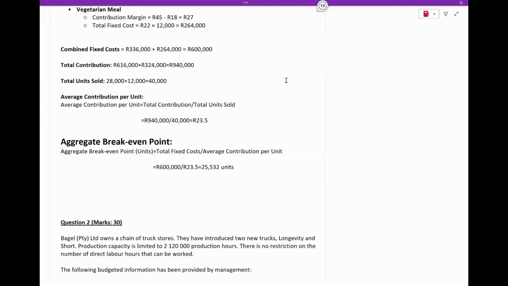So if we say, for instance, looking at vegetarian, 27 times, how many units did we produce? 12,000. And there you can see we're getting the 324,000. And then obviously we do the same in order to get your total contribution for your meat meals.